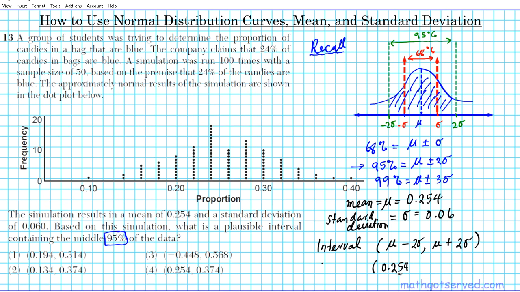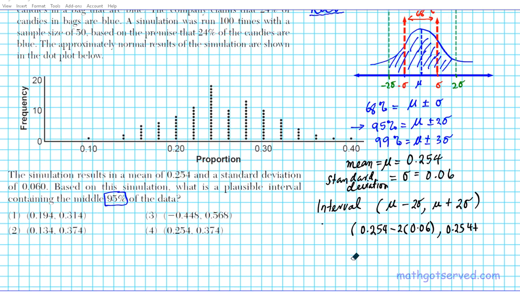Okay, so 0.254 minus 2 times 0.06. That's for the lower bound. And then for the upper bound of the interval is going to be 0.254 plus 2 standard deviations, which is 2 times 0.06. Bam, like that. Okay, so these are just arithmetic computations.